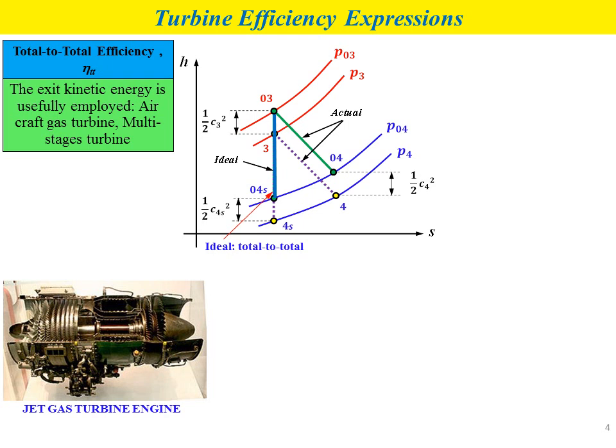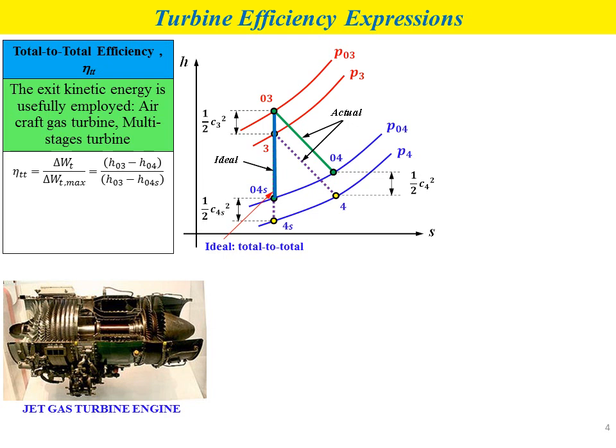From this gas turbine engine, the energy produced by the turbine is fully employed, where the energy is used in the diffuser to produce thrust force. So the equation for total to total efficiency: mu TT equals delta WT divided by delta WT maximum.